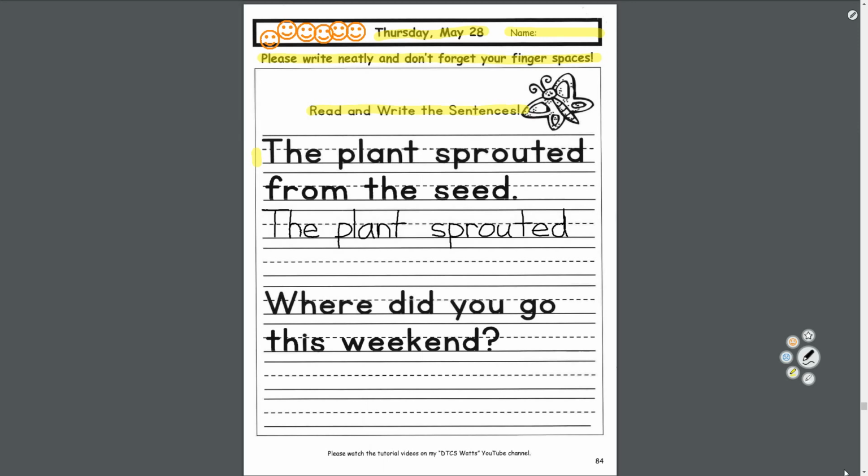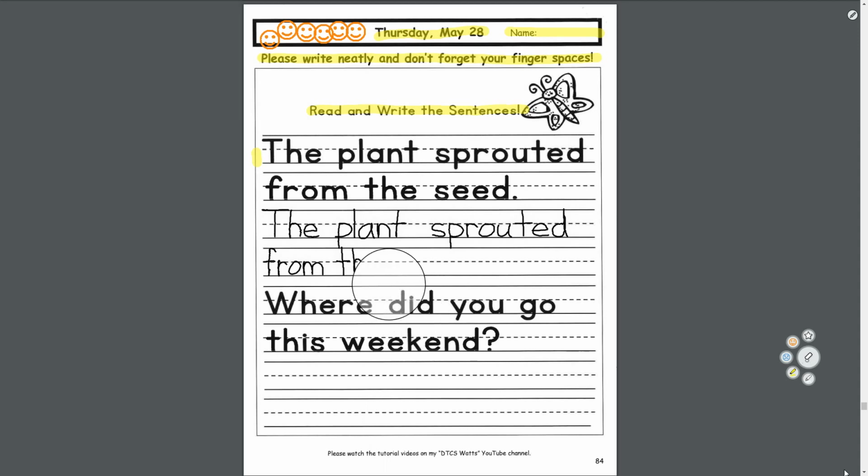Drop down to the next line. From, finger space, the. Ooh, let's fix that.